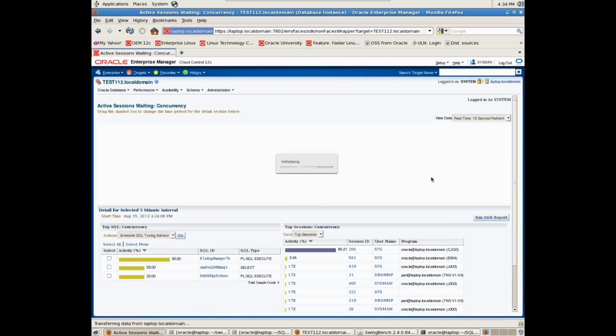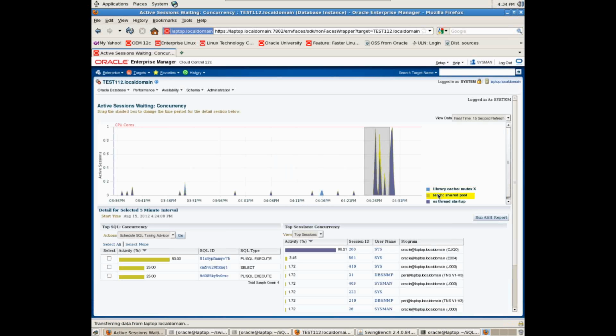If I pick concurrency, all of a sudden, when you have overloaded CPU, you start to see more stuff in OEM performance pages around latching and mutexes, bizarre GC events in RAC systems and that kind of thing. Because fundamentally, the issue you've got is that Oracle processes can't run effectively.